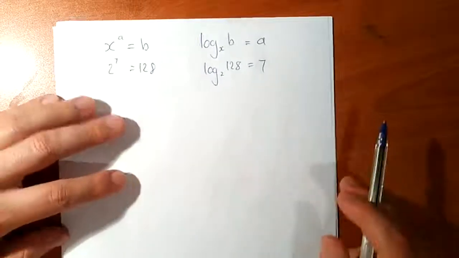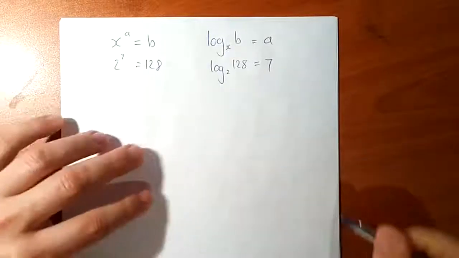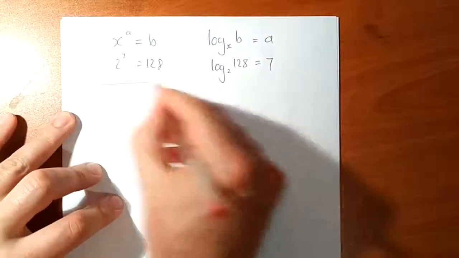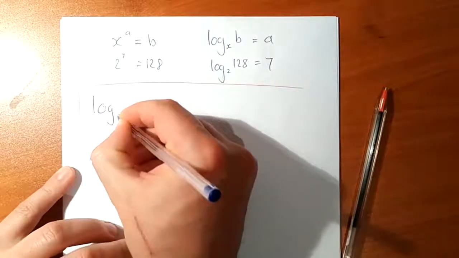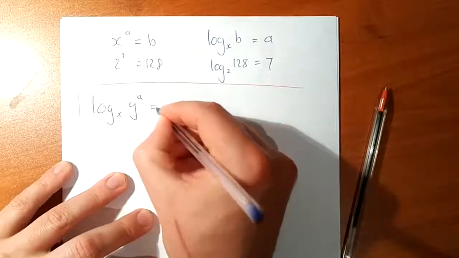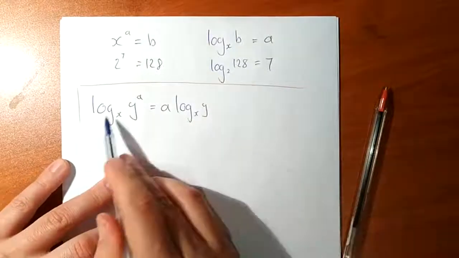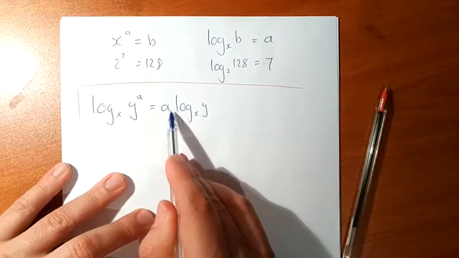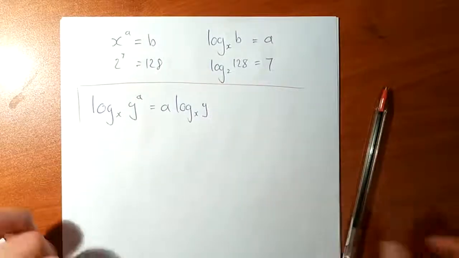Now, there are two important properties about logarithms that you have to understand. The first one is, the power to which x has to be raised to get y to the power a is just a times the power to which x has to be raised to get y, which you can easily prove using your exponent laws.